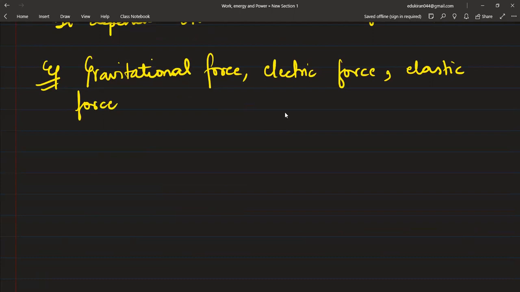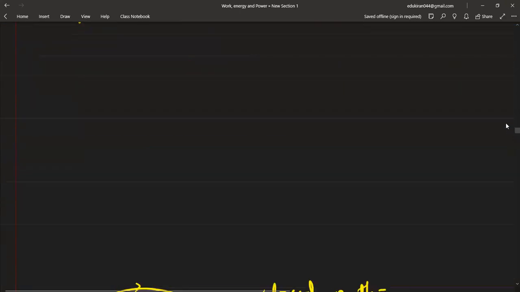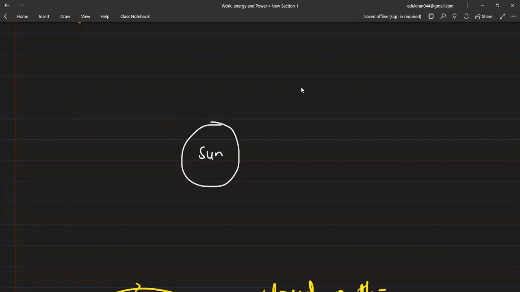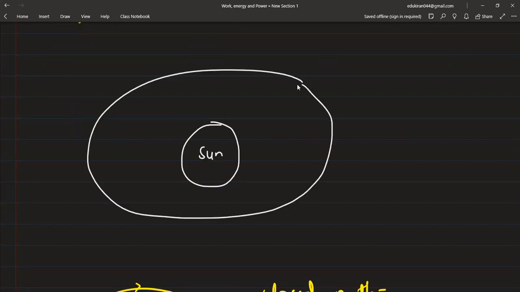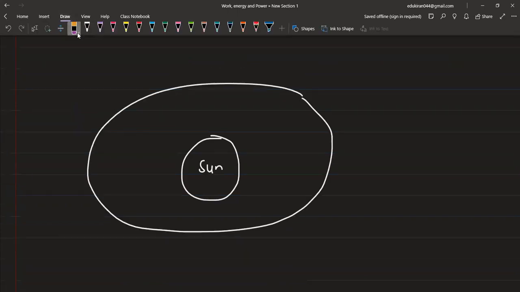Now, look, all of us have studied the concept of internal forces and external forces. So you should know if a system is there. Suppose this is Sun, and here you have Earth.